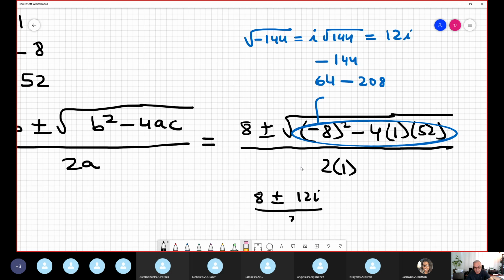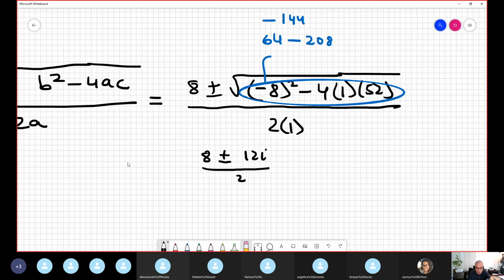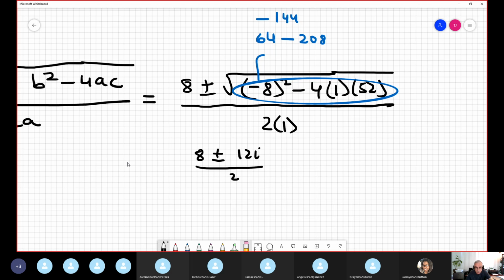And I leave it like that? No, of course not. You split this over the common denominator. 8 divided by 2 is 4. Where does this 4 come from? 8 divided by 2. And likewise, 12 divided by 2 is 6i, plus or minus 6i. We have two answers, two solutions.